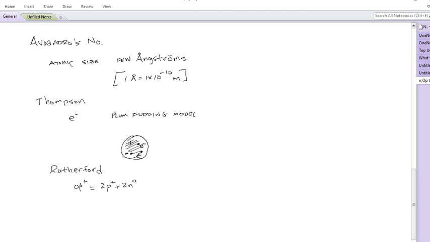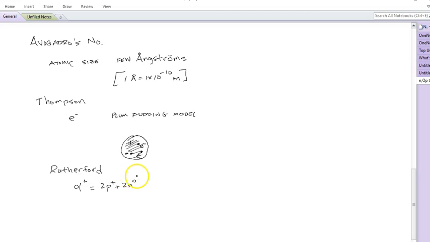Now, they knew they were positively charged because of the way they bent in a magnetic field. If you remember in Physics 2, you looked at charged particles bending in magnetic fields, and depending on which way they bend, you can tell whether they're positively or negatively charged. You can also get the charge to mass ratio by looking at how they bend. So people know that these alpha particles are relatively massive, positively charged particles.